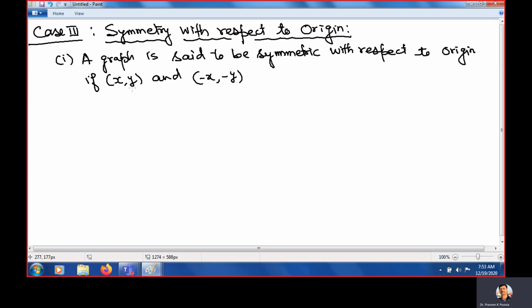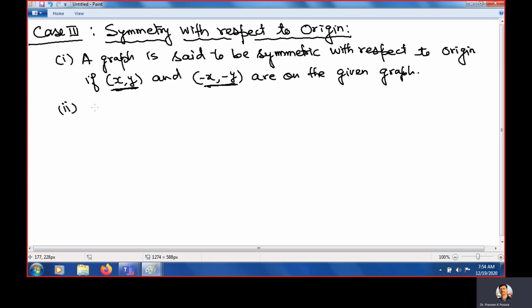About x-axis we were changing y, y by minus y. About y-axis we were changing x. But about origin we are changing both x and y. So if these two points (x, y) and (minus x, minus y) both are on the given graph.